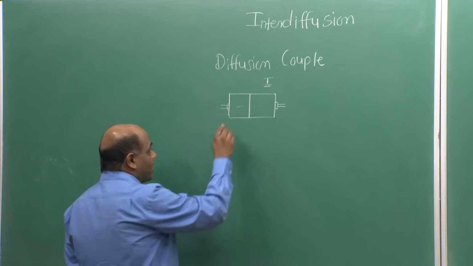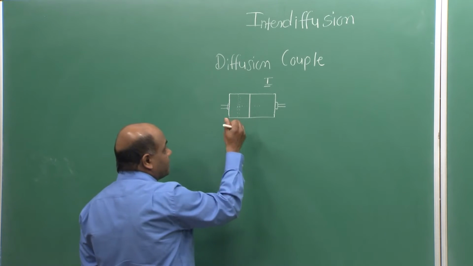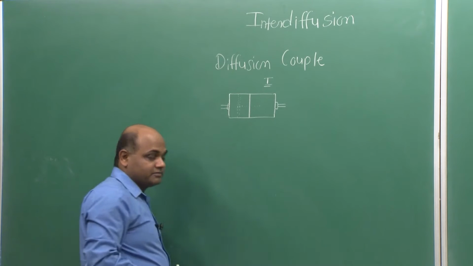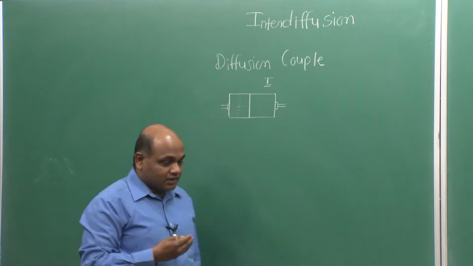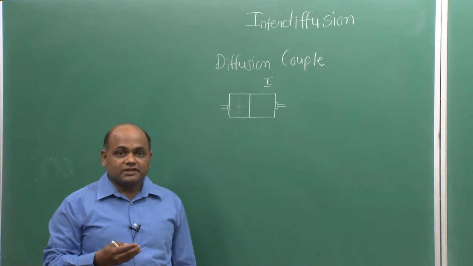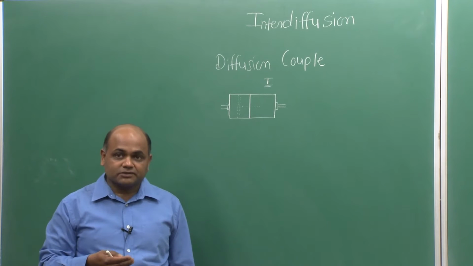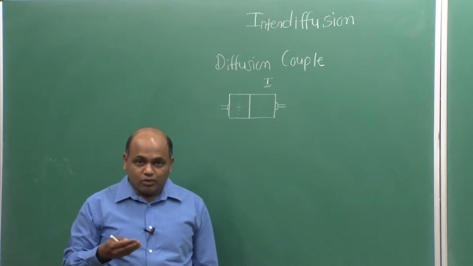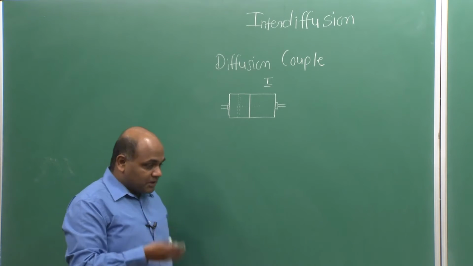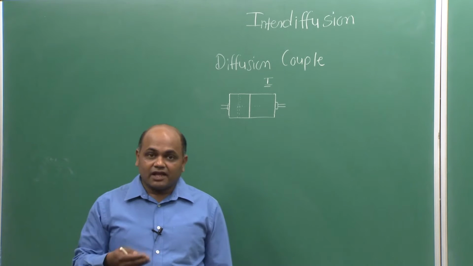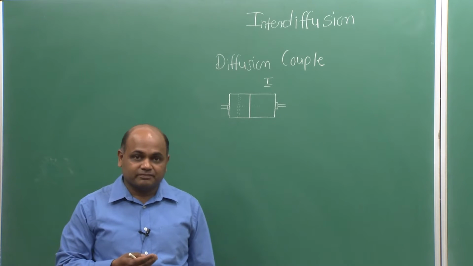So, each composition point actually represents composition of the plane going into the plane of board here, and this determination of composition is typically done by electron probe microanalysis using wavelength dispersive spectroscopy, because it gives the most accurate micro composition, and the experimental concentration profiles are then further analyzed for interdiffusion fluxes and interdiffusion coefficients.